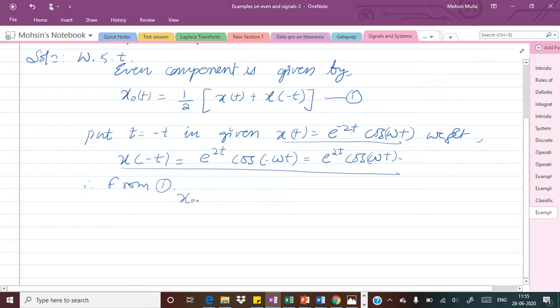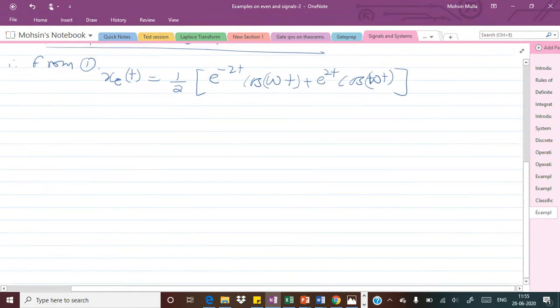So from 1, xe of t equal to 1 divided by 2 into e raised to minus 2t cos omega t, the given x of t, plus e raised to plus 2t into cos omega t. Therefore xe of t is equal to 1 over 2, cos omega t can be taken outside, so it is e raised to minus 2t plus e raised to 2t into cos omega t.